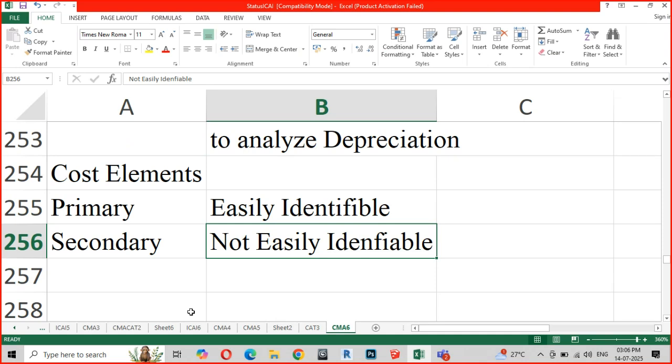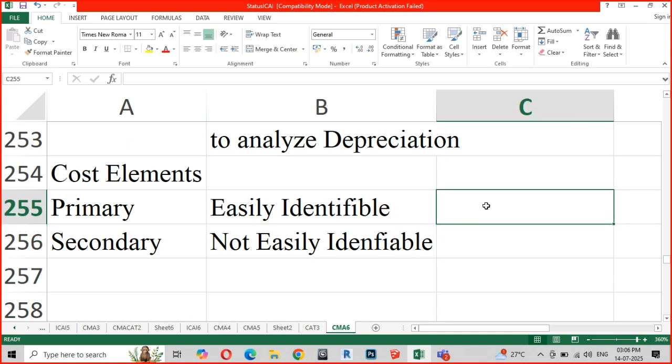Easily identifiable, not easily identifiable. Now, these primary cost elements are defined as your individual general ledger accounts in your chart of accounts. Simple GL accounts.